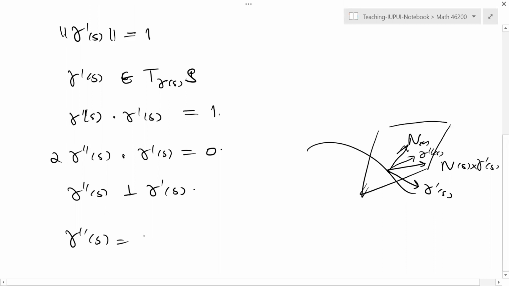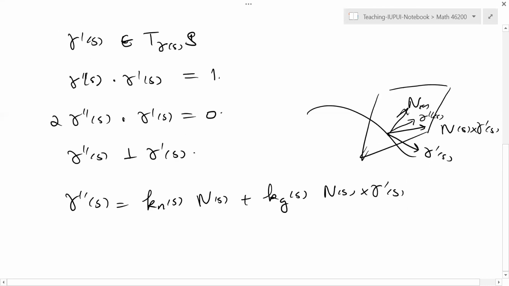So this can be written as a combination of k_n(s) n(s) plus k_g(s) n cross gamma prime. This is called the normal curvature. This is called the geodesic curvature.